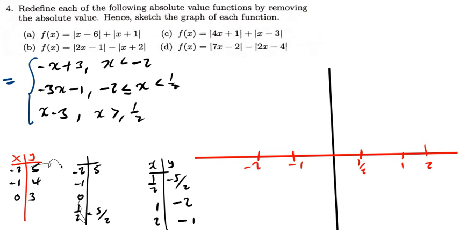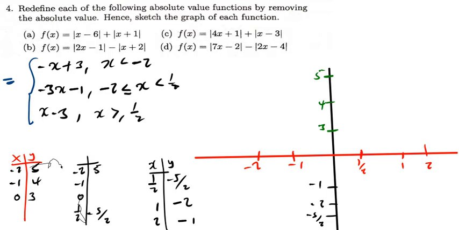Then the negative side, we have only negative 5 over 2. Let's not forget this. We have neg 1, neg 2, and negative 5 over 2. Then the positive part, we have 3, 4, 5.